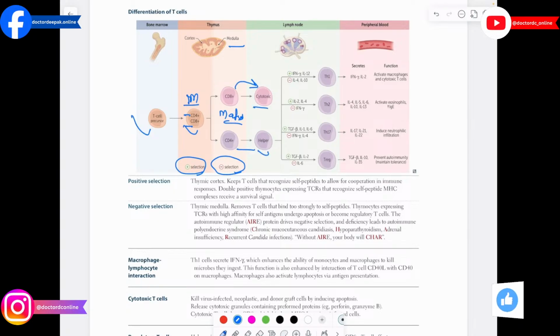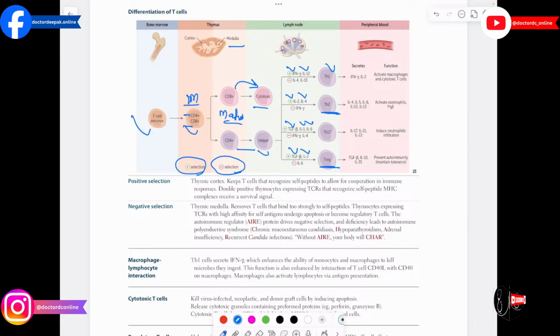If the helper cell is going to convert into T helper cell 1, it needs interferon gamma and interleukin 12. And if it needs to convert into T helper cell 2, then it needs interleukin 2 and interleukin 4. And for 17, it needs tumor growth factor beta, interleukin 1 and 6. And for regulatory, it needs tumor growth factor beta and interleukin 2.